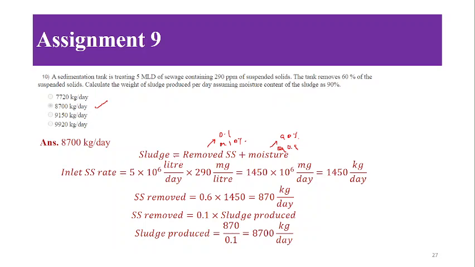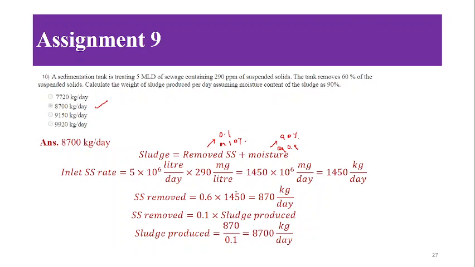We know the rate for the sewage, which is 5 into 10 to power 6 liter per day. We multiply it with the concentration of the suspended solid, which is 290 milligram per liter or ppm, which gives us 1450 into 10 to power 6 milligram per day. We convert it to kg per day, which comes out to be 1450 kg per day.